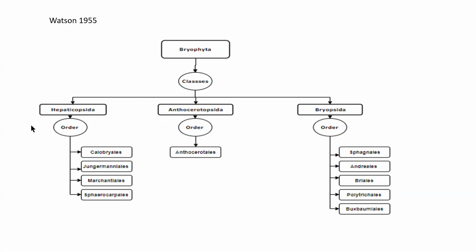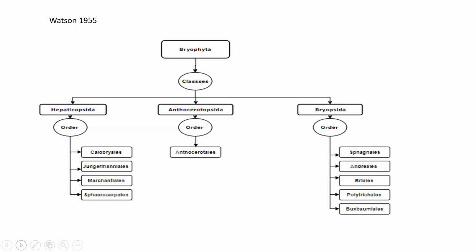So this is the outline classification of Bryophyta. You will have to write the general characters of each class, Hepaticopsida, Anthoceratopsida, and Bryopsida, along with the examples, to describe the classification of bryophytes.